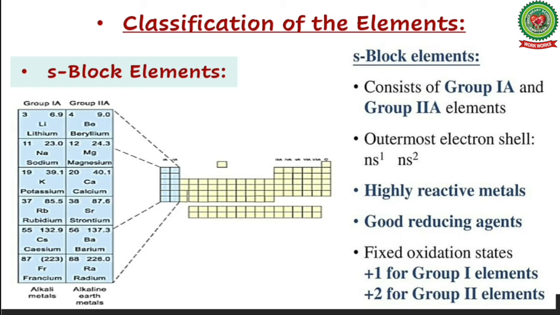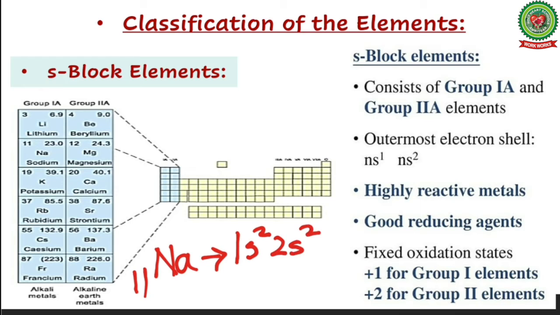To understand this in a more clear way, let us consider sodium with atomic number 11. Now the electronic configuration of sodium will be 1s2, 2s2, 2p6, 3s1. So the last electron is entering in the s orbital.